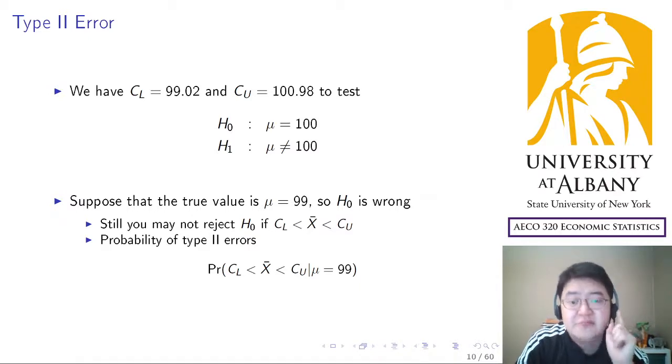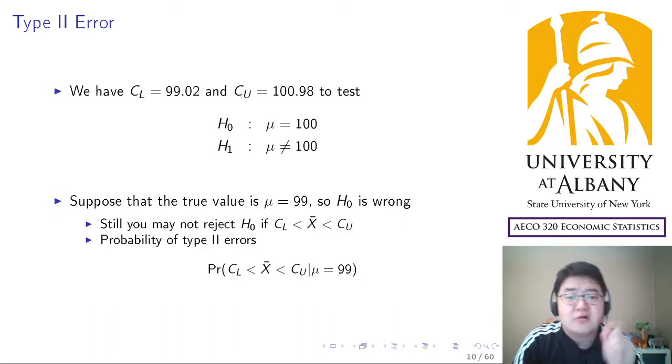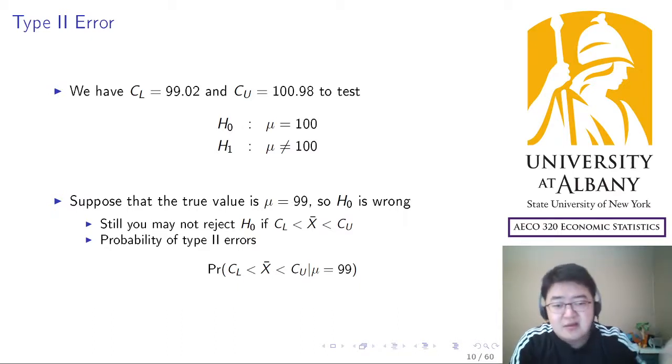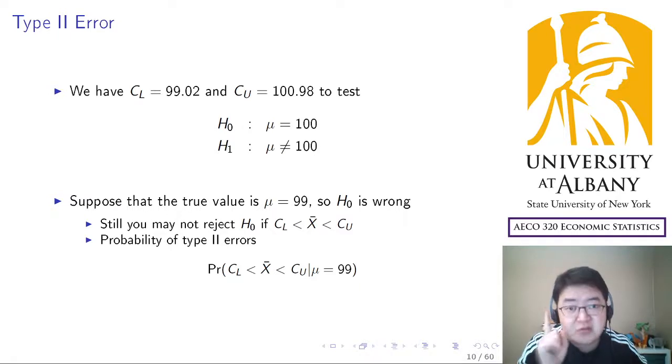Now the problem with type 2 error is that you cannot detect the 1 milligram difference. So a brand is cheating somehow, like making small sized drugs, which could be dangerous, say. And now your job is to detect the 1 milligram difference. If you fail to detect it, then that's type 2 error.